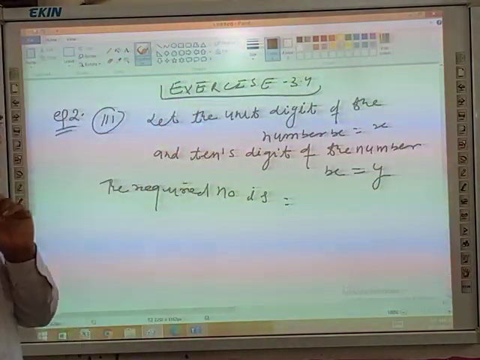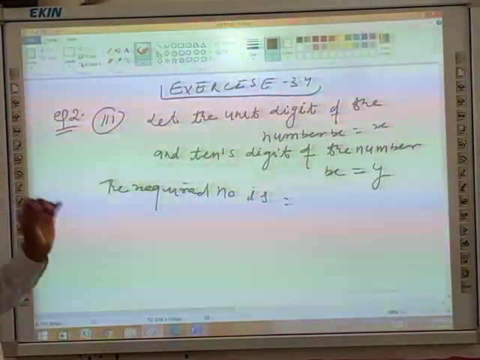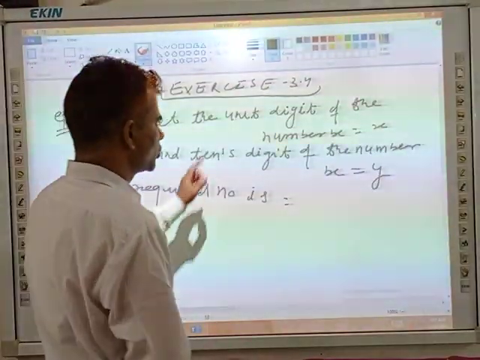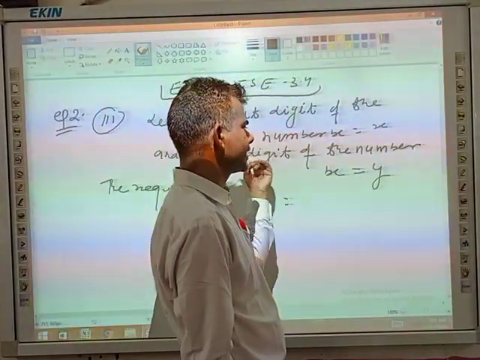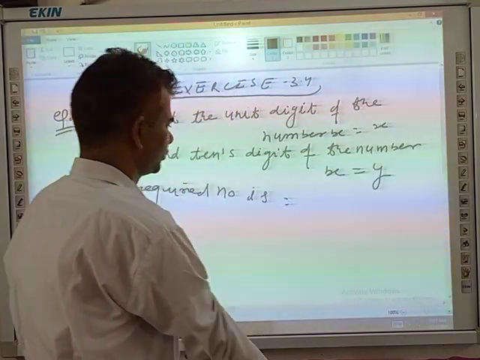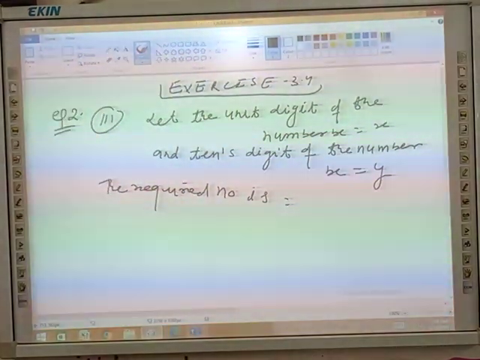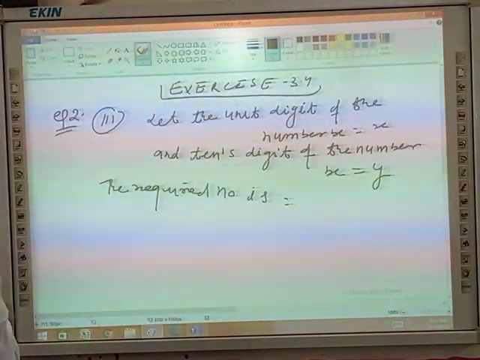Students, to make the number, what can you do? Your unit digit is x, tens digit is y. So the number will be 10y plus x.